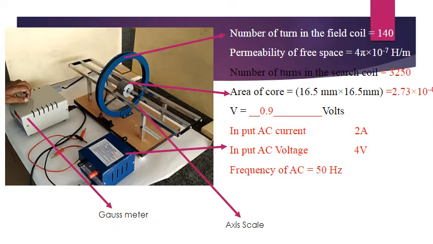Next is the axis scale. Its important role is to show the position of the search coil, which can be recorded in centimeters. At the center, the position of the search coil is 0.